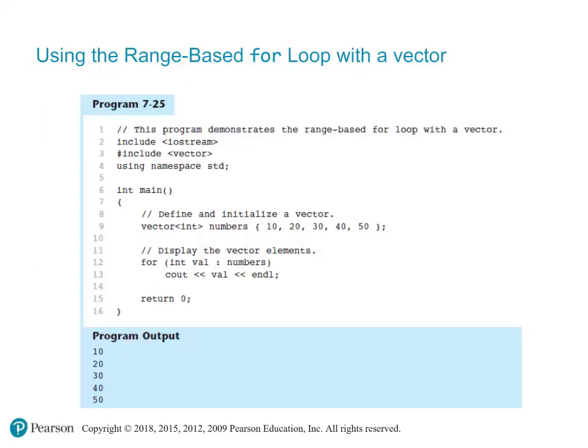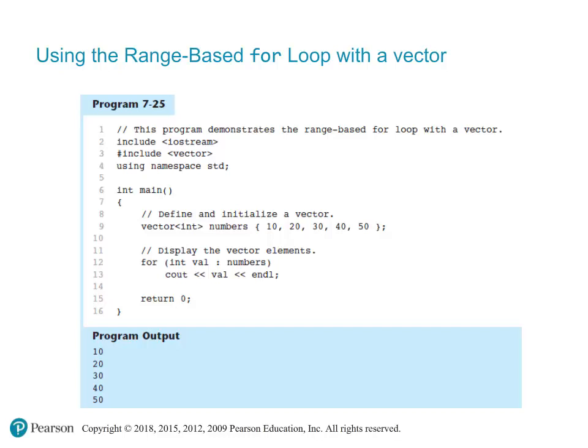In this program, we define and initialize a vector named numbers with integers. We then use a range-based for loop to iterate over each element in the numbers vector. For integer val, then colon, numbers. So here, the type of elements in the collection is an integer.